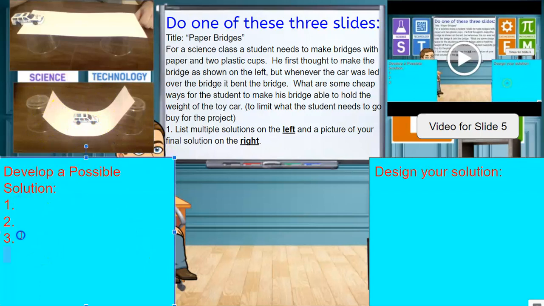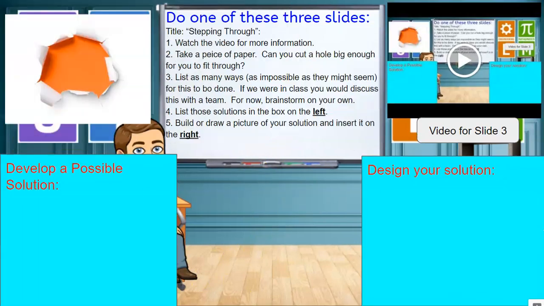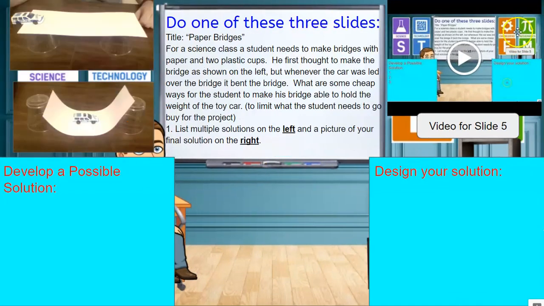You can think of 3 or more possible solutions for this individual to use over here. And then you can put a picture, just like I did, or a picture that you drew of the possible solution to this problem over here on this side. And if you want more information about how to do any of these 3 slides, 3, 4, or 5, there's a video in the top right explaining it hopefully in more detail right there.